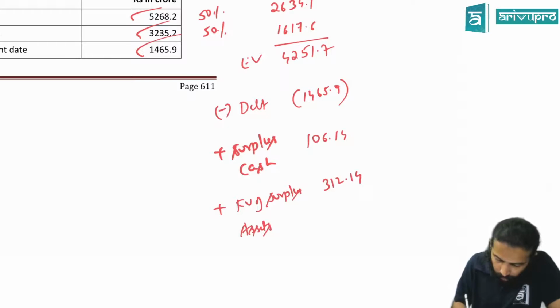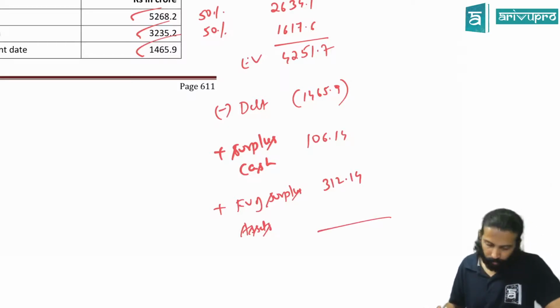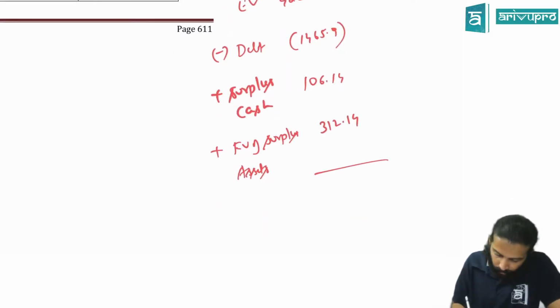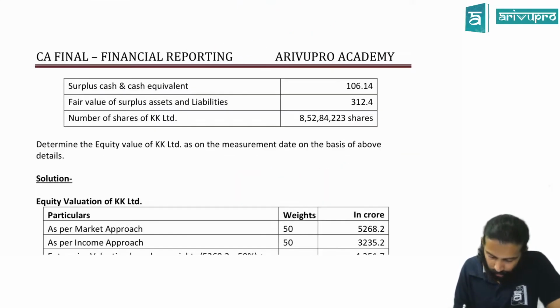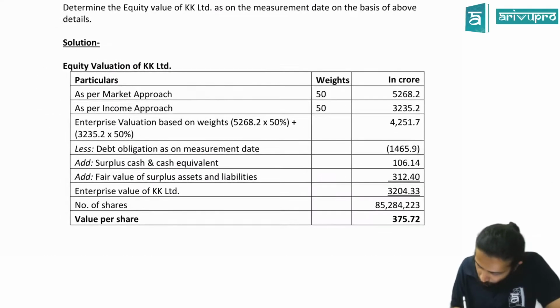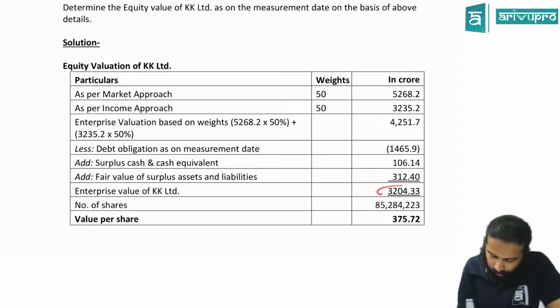If you do this, what is the value you're getting now? 4251.7 minus 1465.9 plus 106.14 plus 312.14 will be 3204.08. This is the value of equity shareholders. Correct? They're also getting the same. 3204.08. That's okay, round off. This is the value of what?